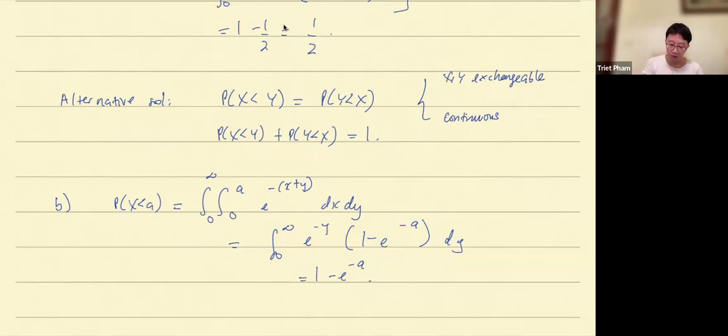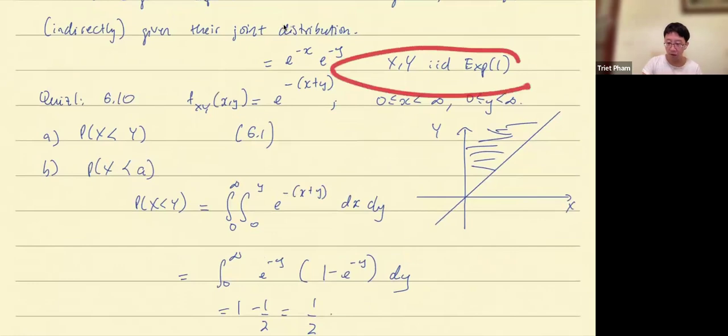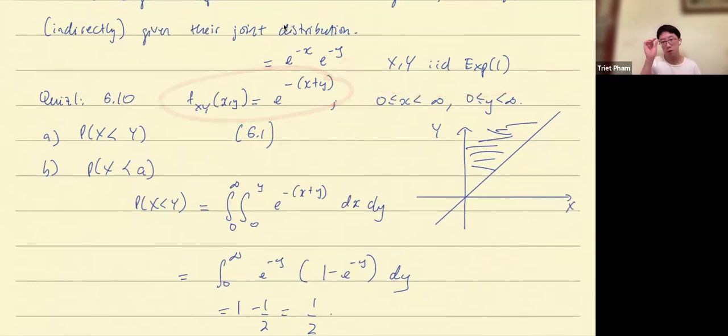On the other hand, this is even quicker when you recognize that X is an exponential 1, because these are products of two individual marginals.